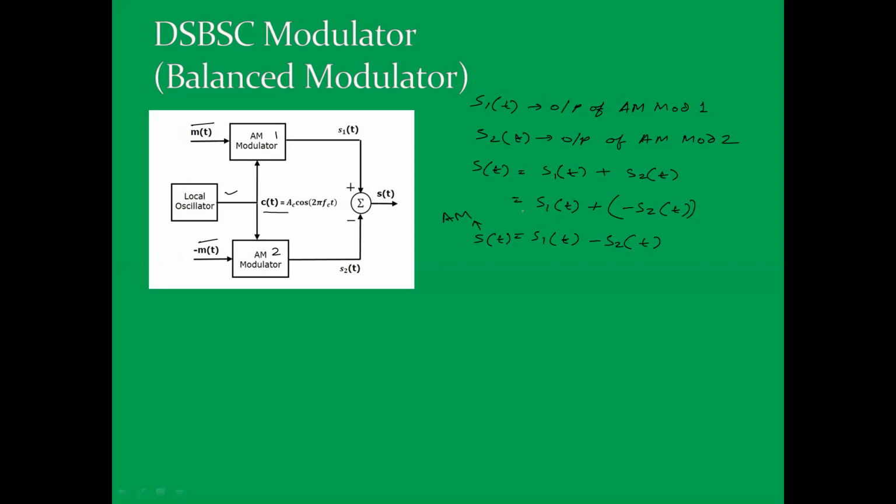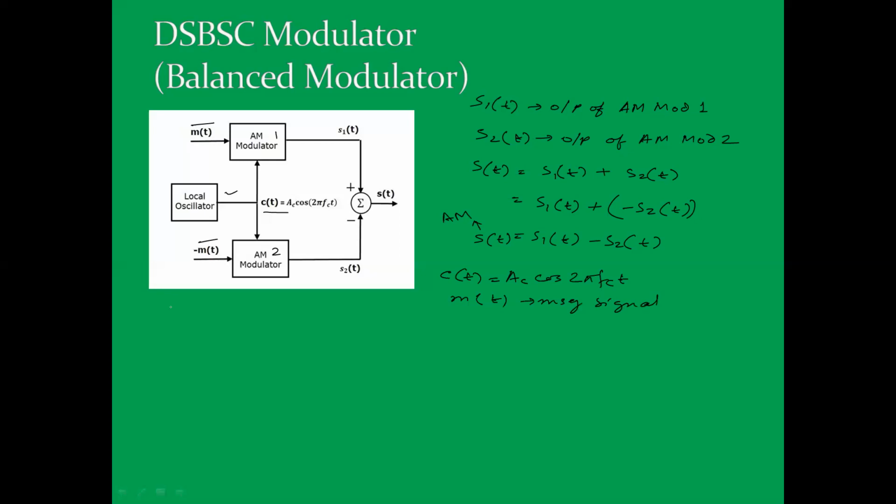Now going to the mathematical part, my c(t) is the carrier signal, that is Ac cos 2 pi fc t, and m(t) is the message signal.